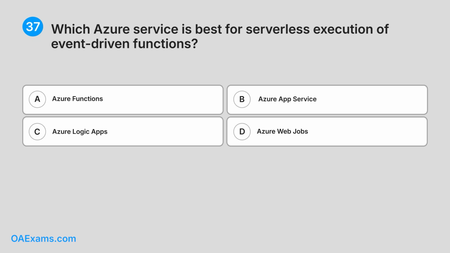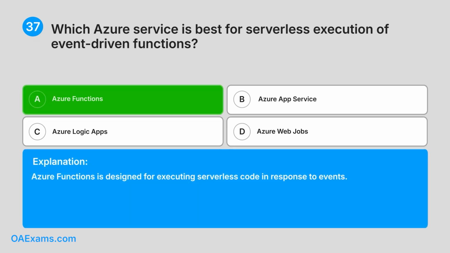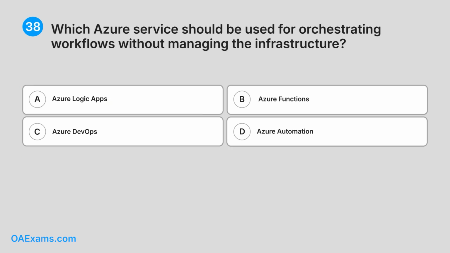Correct. Answer A. Explanation. Azure Functions is designed for executing serverless code in response to events. 38. Which Azure service should be used for orchestrating workflows without managing the infrastructure? A. Azure Logic Apps. B. Azure Functions.